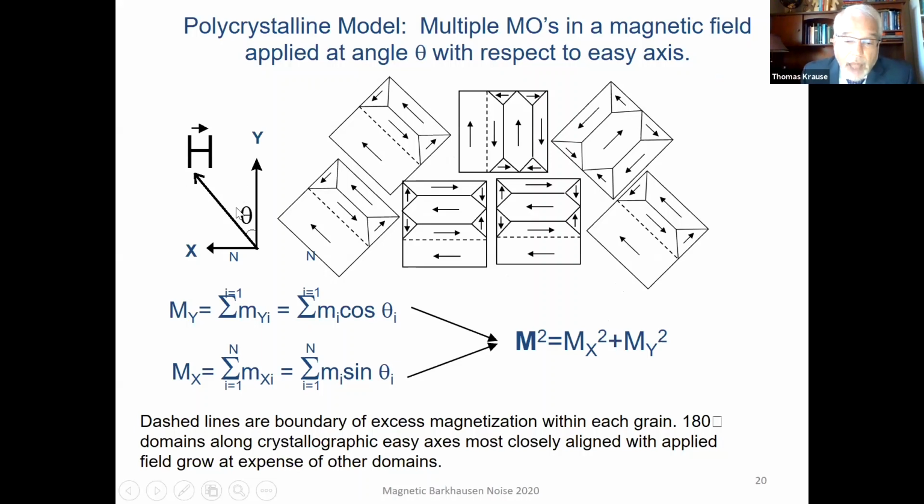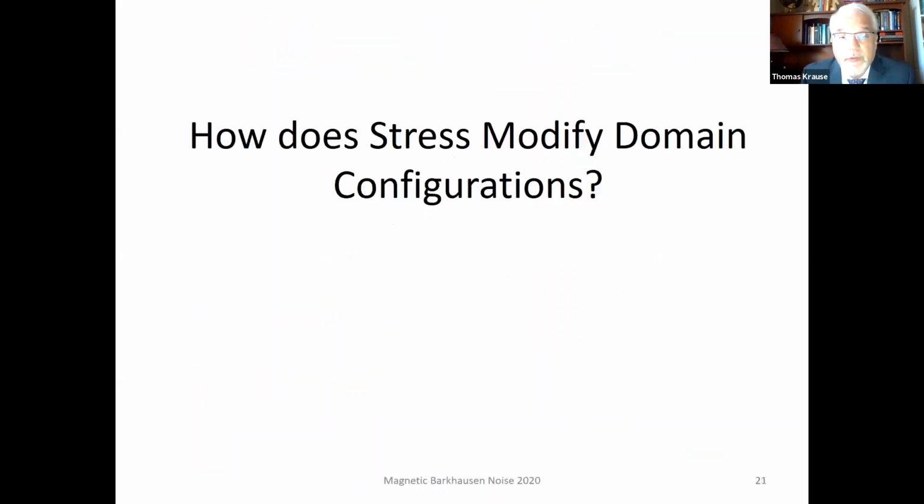It may be at other angles as well, and we can actually measure these off-diagonal components, and that has been done in the literature. So the 180-degree domains along the crystallographic easy axes grow at the expense of the other domains via domain wall motion. Then we ask the question, how does stress modify these domain configurations?